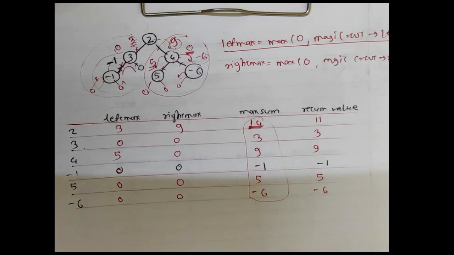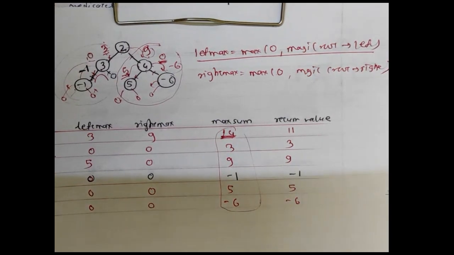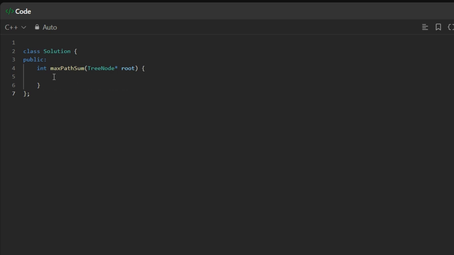So let's code this. After understanding the approach, let's code. So make int max sum, which contains int min, and make a magic function which contains root and max sum.